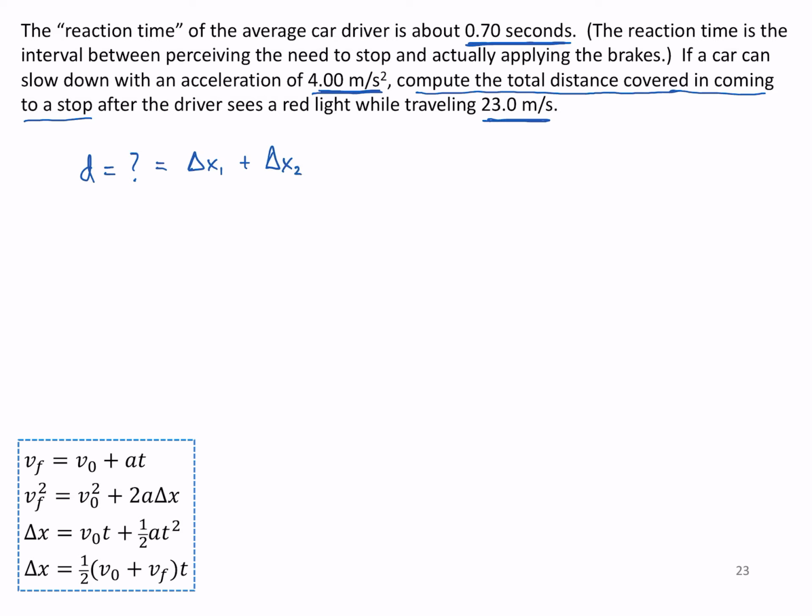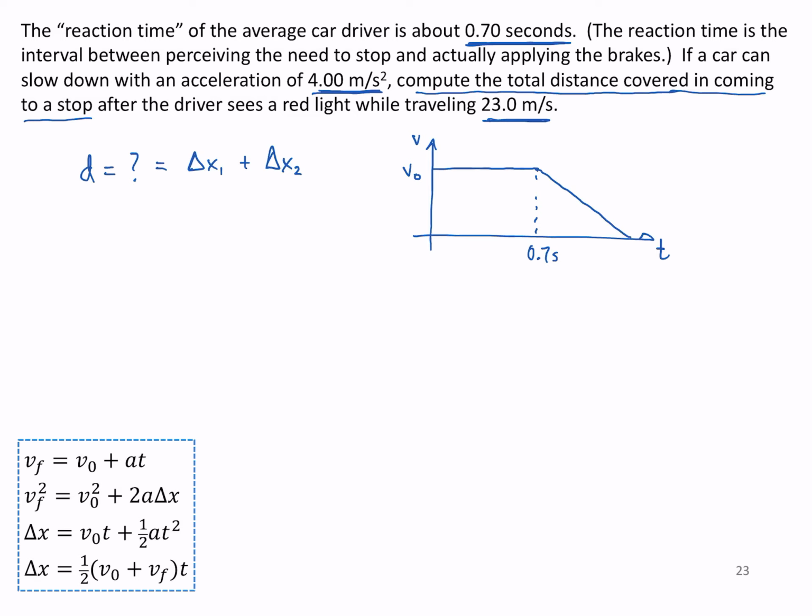And to put this into clearer terms, let's actually draw out what their velocity is doing as a function of time. And for the first 0.7 seconds, they are just still rocketing along at 23 meters per second, which I'm going to call our initial velocity. And then once they hit the brakes, they decelerate at some constant rate.